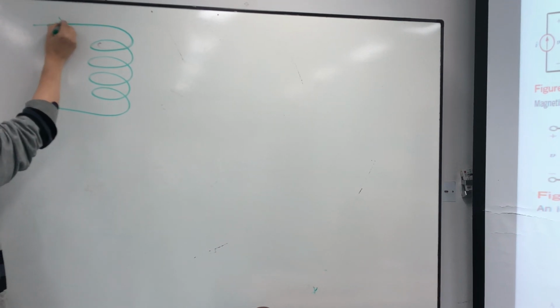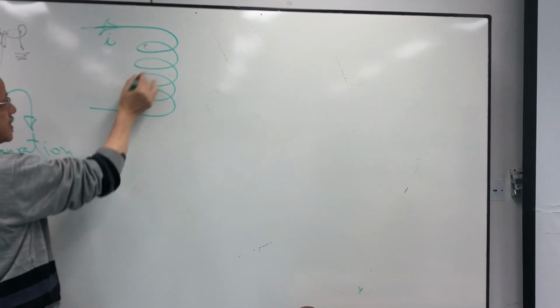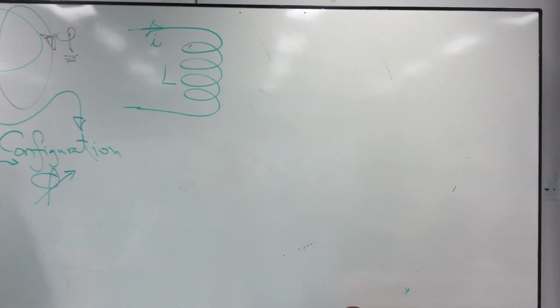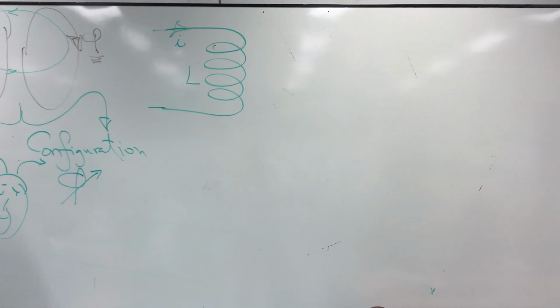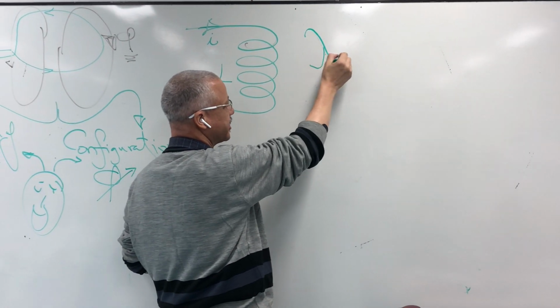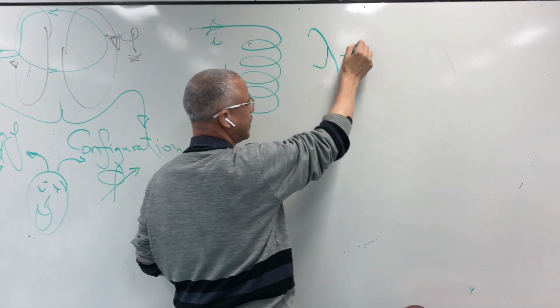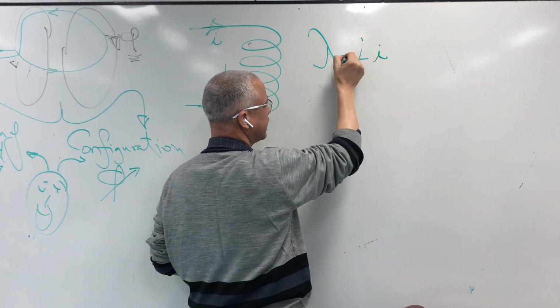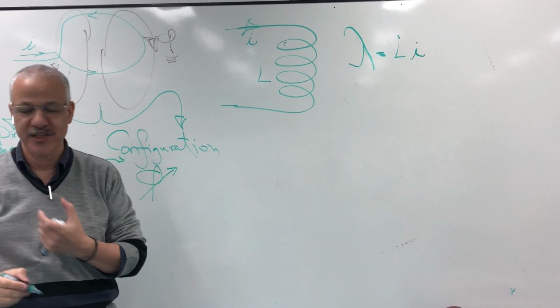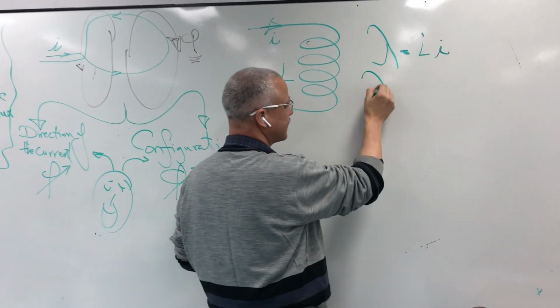and here the current I, this is the inductance L. So you have to keep in your minds two equations. The first equation is about flux linkage that depends on L and I. And we also have another formula for the flux linkage, so-called lambda.